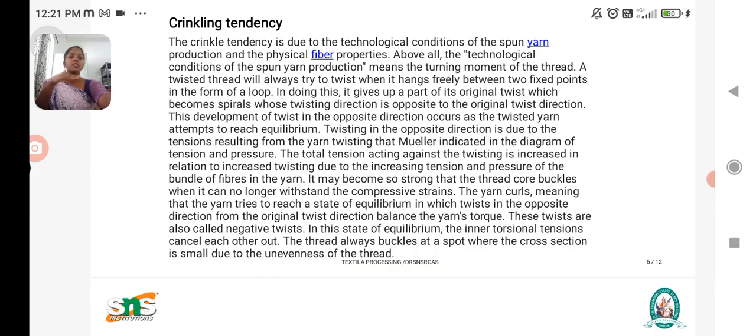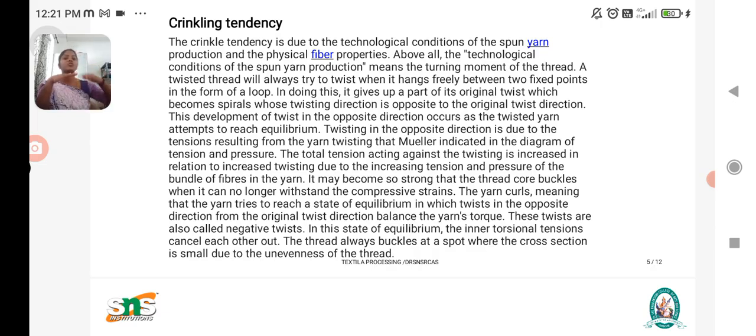Twisting in the opposite direction, it is a diagram of tension and pressure. The total tension acting against the twisting increases in relation to increased twisting, due to the increased tension and pressure of the bundle of fibers.